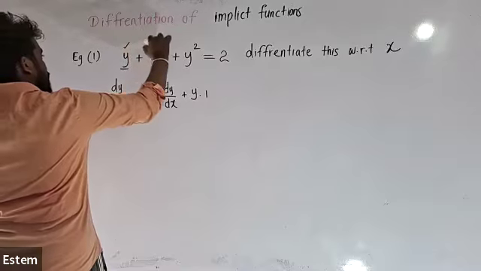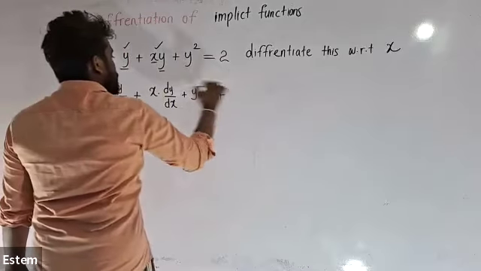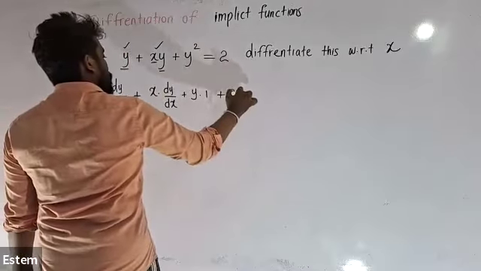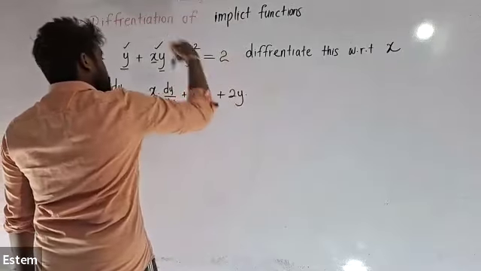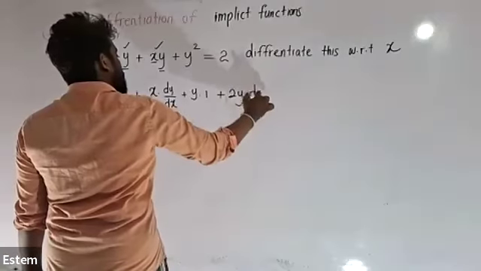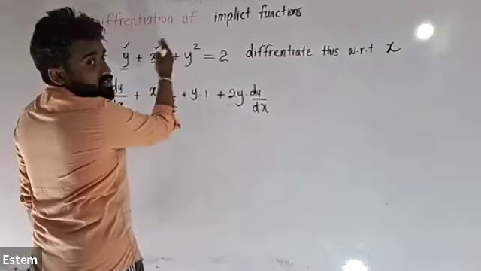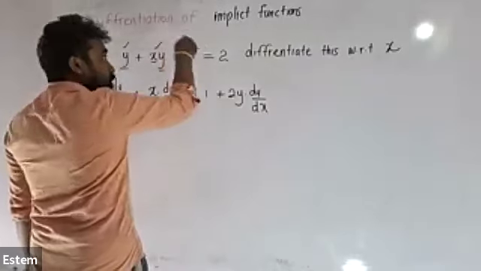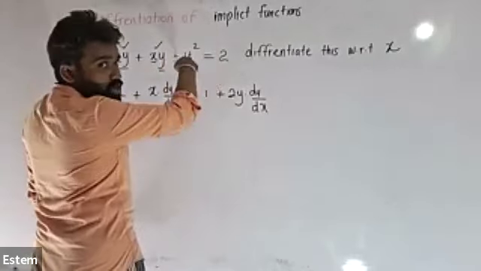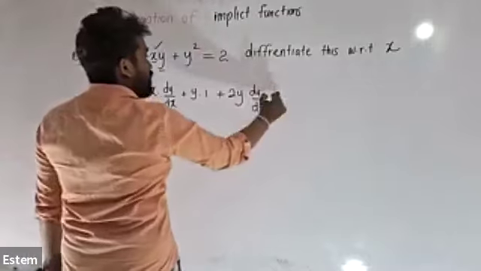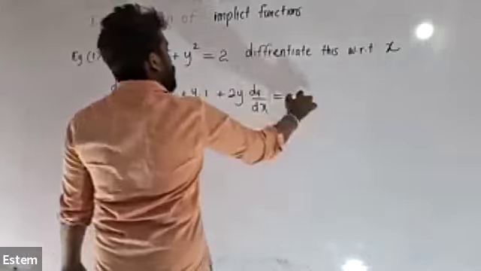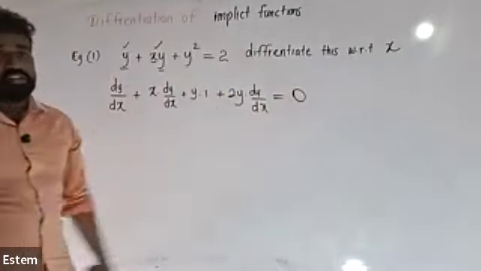Plus, how do we differentiate y squared? 2y times the differentiation of the inner function y, which is dy over dx. 2y is the differentiation of the exterior function. Now y is there, so we have to differentiate y also, dy over dx. The differentiation of 2 is 0. That is how we differentiate this.